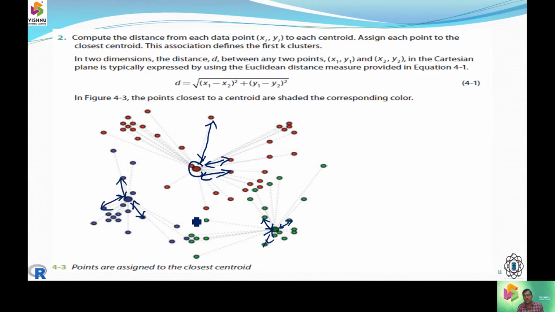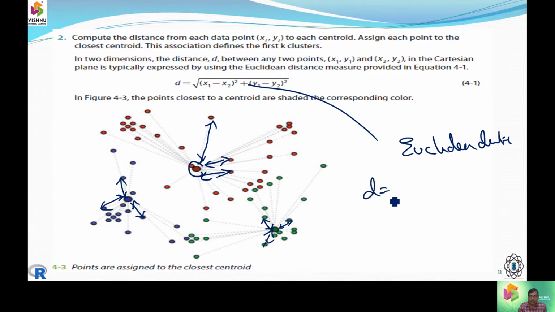How are we going to measure the distance? We are going to measure the distance using the Euclidean distance. For the Euclidean distance, we get a formula between two coordinates, that is (x1 minus x2) whole square plus (y1 minus y2) whole square.